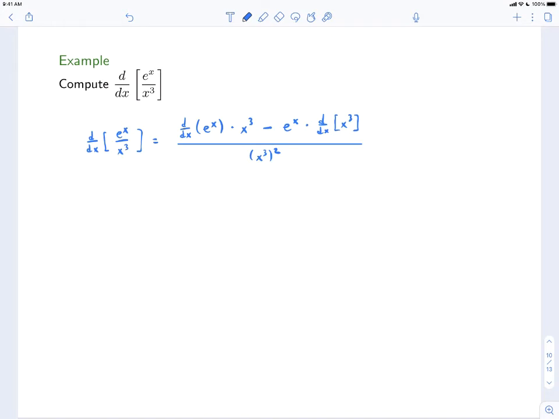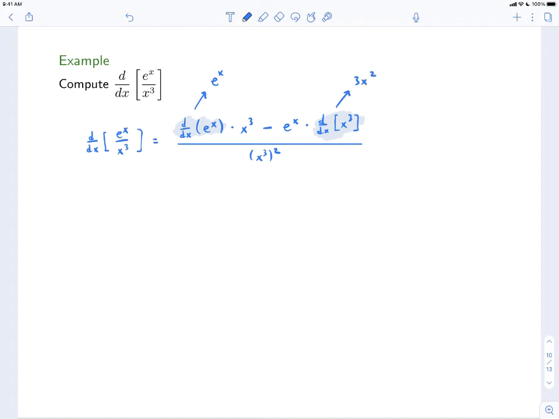Now once again, we can compute all of the derivatives that we see here. The derivative with respect to x of e to the x, that of course is e to the x again. And the derivative with respect to x of x cubed, using the power rule, is 3x squared.